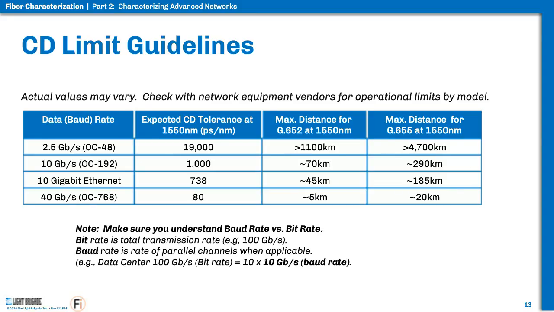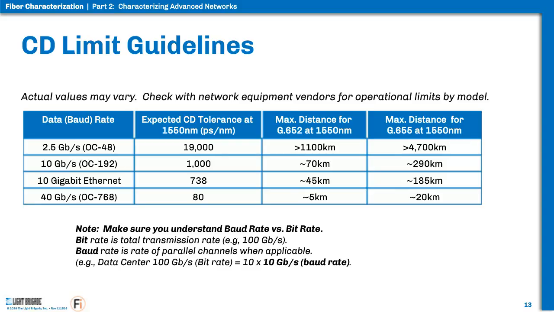The other topic here is baud rate versus bit rate, especially in the case of line side versus client side networks, where a 40 gig client side network is actually not a true 40 gig. It's usually 10 gigabit per second parallel channels, where you would be testing to the 10 gig, because that's actually what's traveling over the fiber.